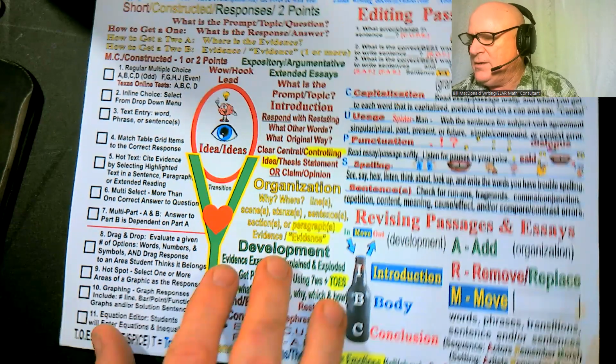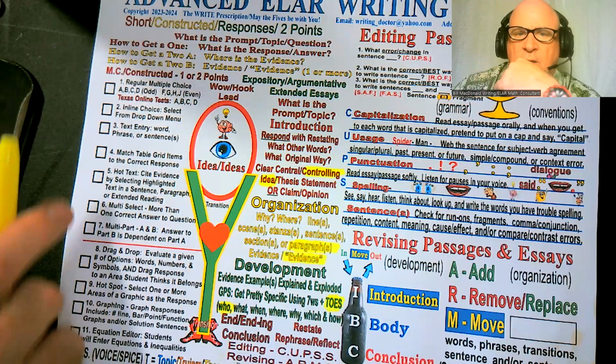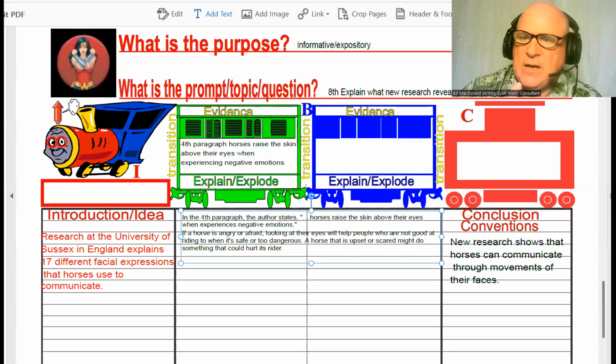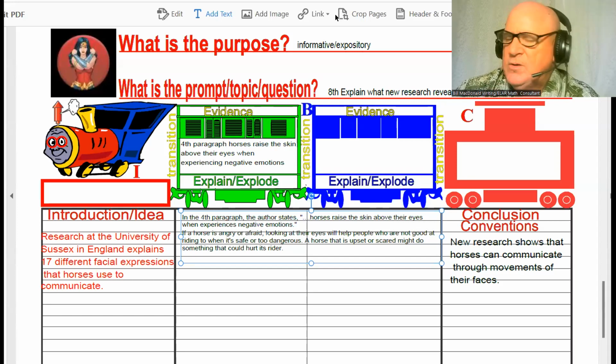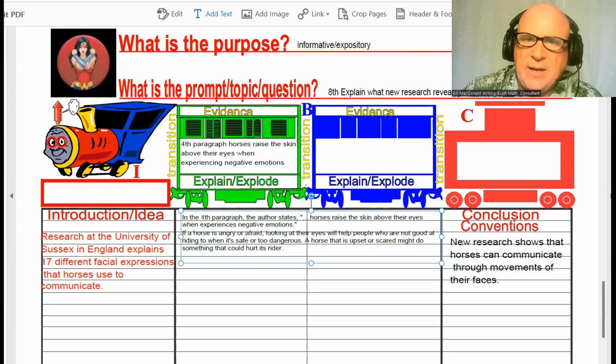So what I've done is, many of you don't have a graphic organizer. So if you don't, this is something that you can use. I have my train, and so this is how I might train you how to use my train. So the first thing that you see here is they ask the student, what is the purpose?